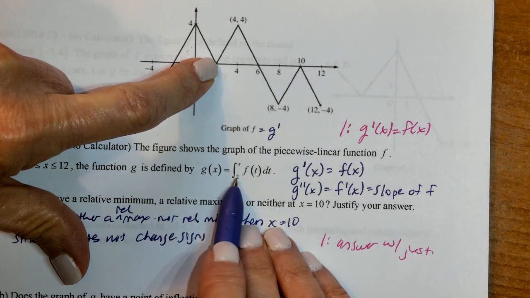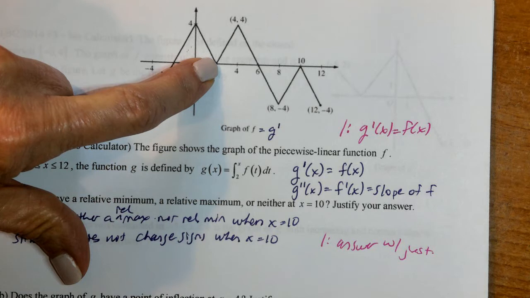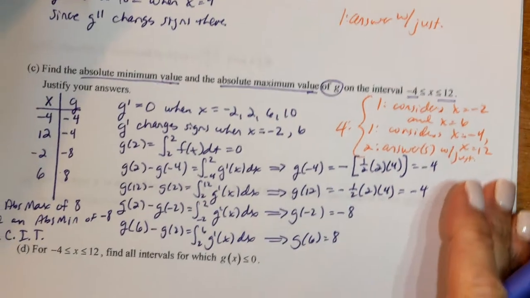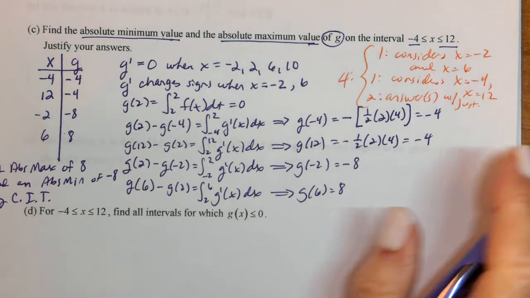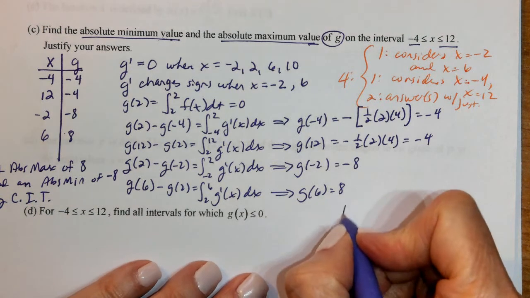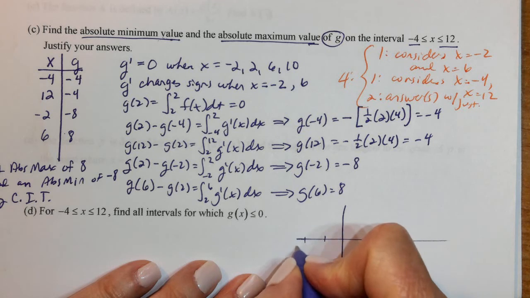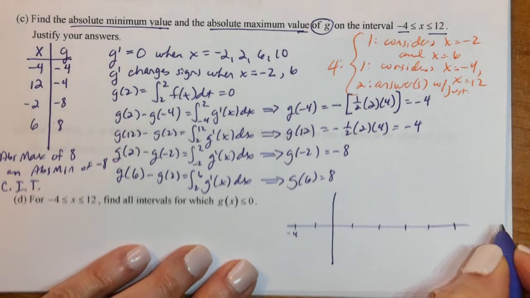So that would be 0, right? That zeroes out. So g of 2 and g of 10 are both 0, right? So it tells me that if I were to just sketch out a little graph, 2, 4, 6, 10, 12, all the way over there.